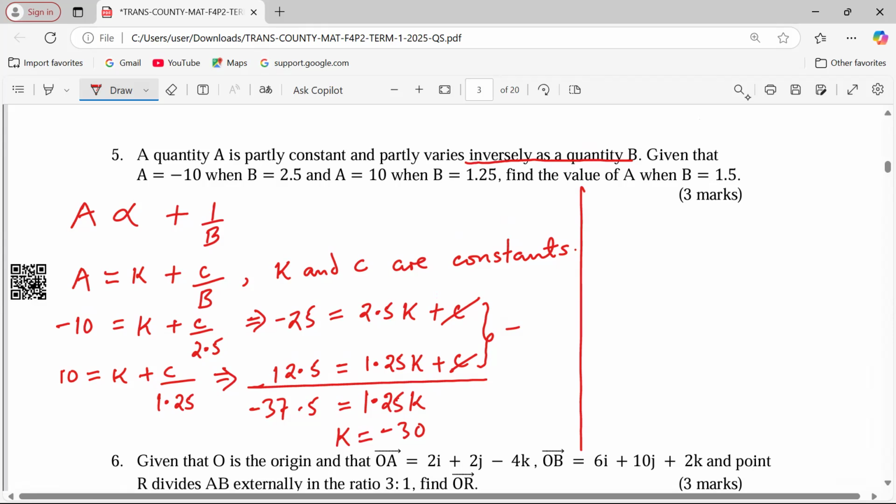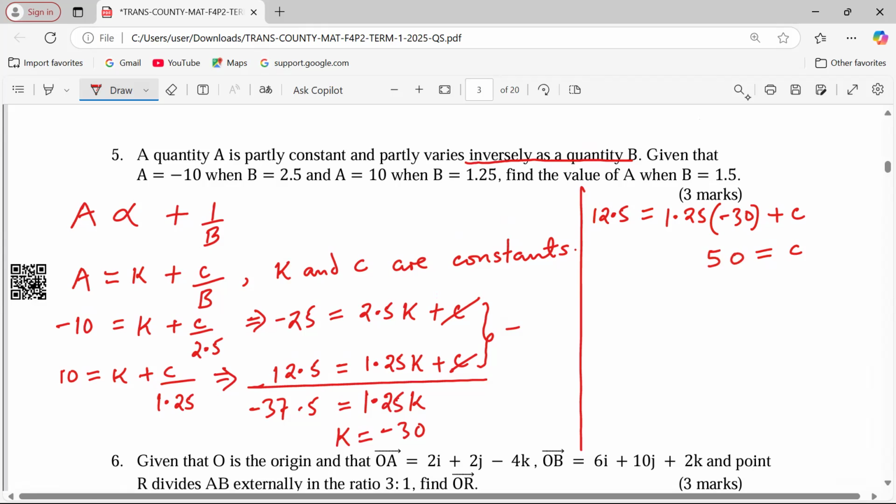The value of C, or let me just substitute first. 12.5 equals 1.25 times the value of K, -30, plus unknown C. So we can remain with C here and say that 12.5 we will add 30 times 1.25, and this will give us exactly 50.